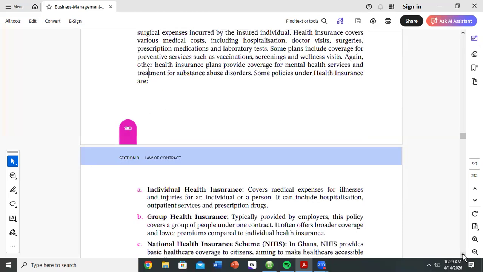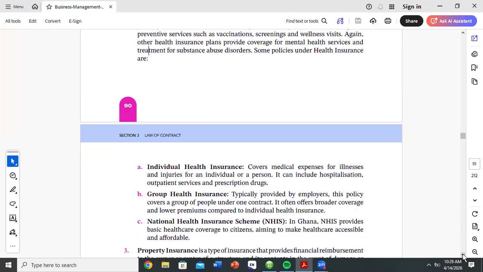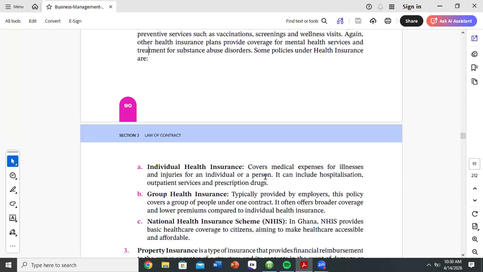So we have the individual, we have the group, and then the national health. The national health was what I was talking about. The individual is where you go for an exclusive one for yourself, so just you.